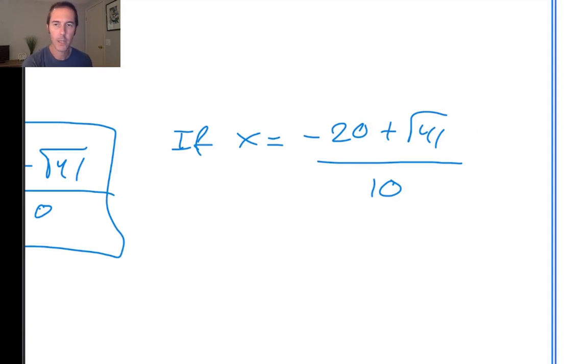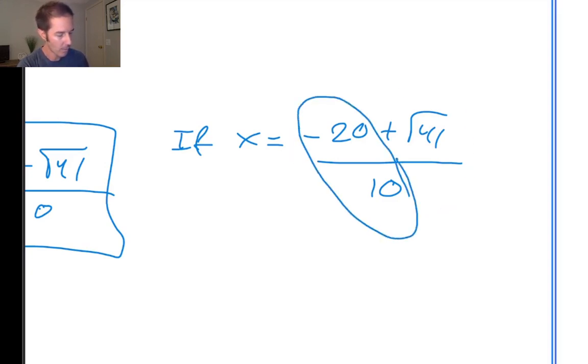Just as with multiplication, you have to distribute multiplication, division abides by the same rules, and you must distribute your division. So you can't simplify this expression right here, because while you can reduce here, you cannot reduce this, because the square root of 41 is not evenly divisible by 10. So if you can't take both terms in the numerator and divide them or simplify them with the denominator, then just leave it as it is.